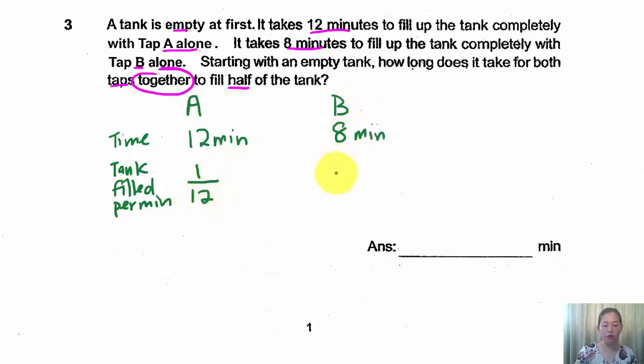For B, it will be 1 divided by 8, which is 1 over 8.